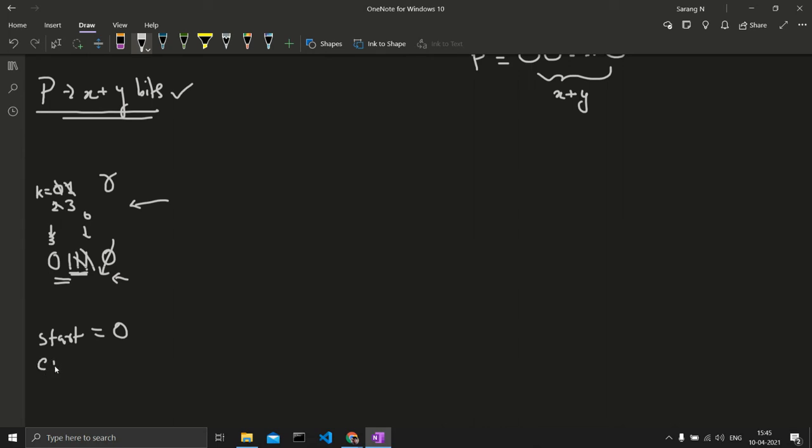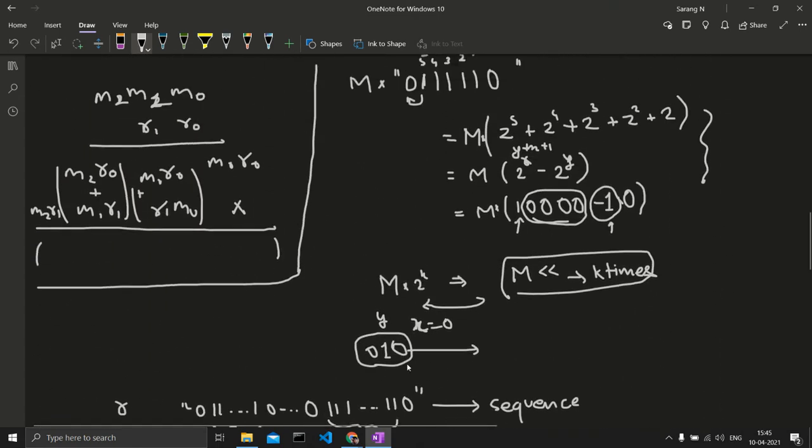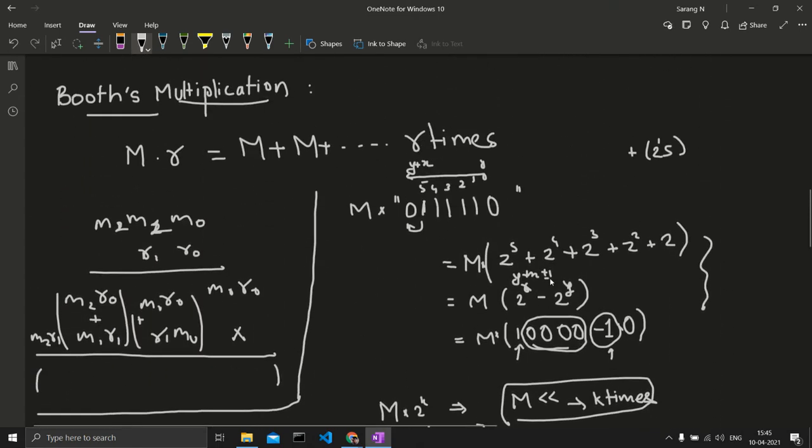And we know that the end would not be 3, it would be 3 minus 1, right? So its end is k minus 1, but we shall not use that. We shall keep the end as k, we shall denote it as k only, because we need this plus 1 here.